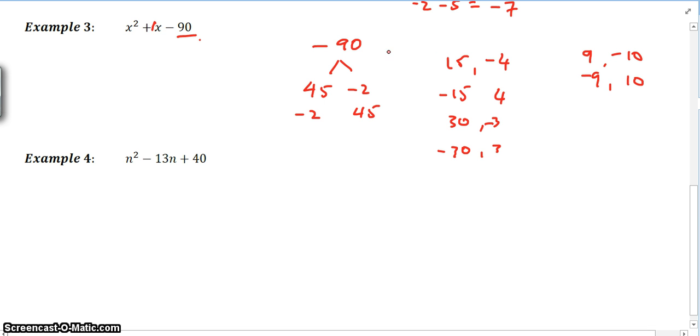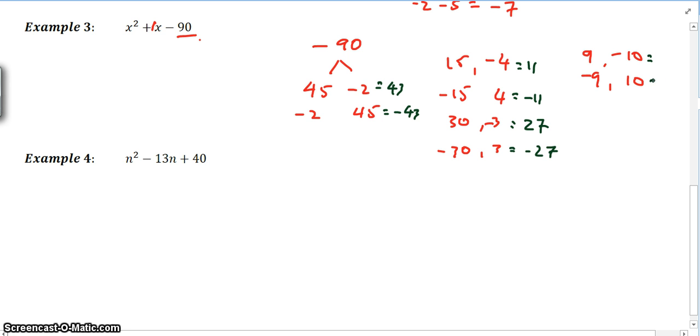If we have a look at all these pair factors now, let's add them up. This will become 43, and this is minus 43. These are not the factors that you want because we want positive 1. 15 and 4, this is 11, and this will be minus 11. Nope, that's not the factors. 30 and minus 3, that's 27. The other one will be minus 27.